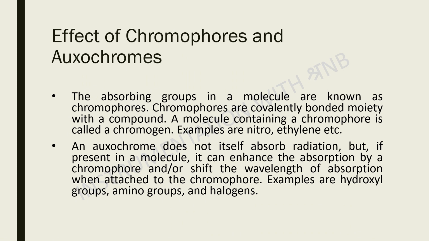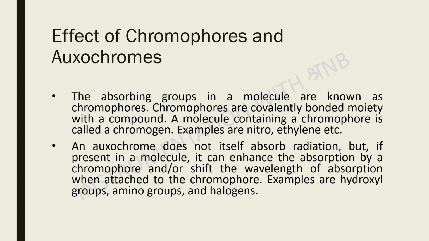If we talk about ethylene, it has a double bond. If we talk about nitro, it possesses n to pi star transition. If we talk about ethylene, it possesses pi to pi star transition. So if we increase the conjugation, the wavelength would also increase and it will move towards the bathochromic shift or red shift.